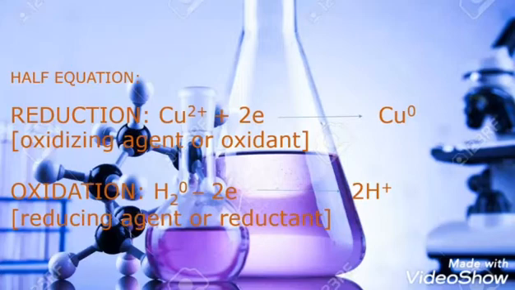And where did I get the 2 electrons? Going to the other side, I have 2 atoms of hydrogen and the charge is positive 1. So 2 times 1 means you have 2 electrons. And since hydrogen undergoes oxidation reaction, therefore it is my reducing agent or my reductant.